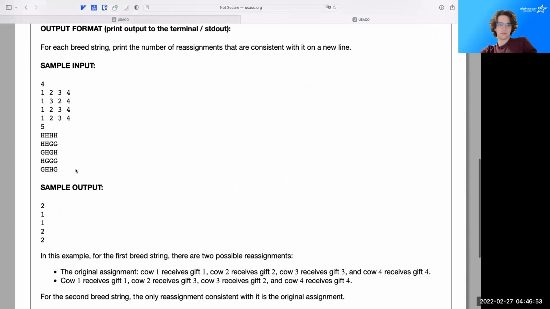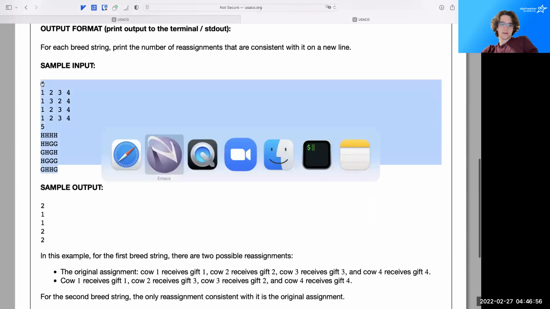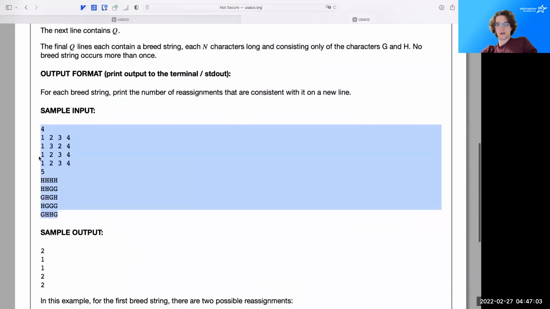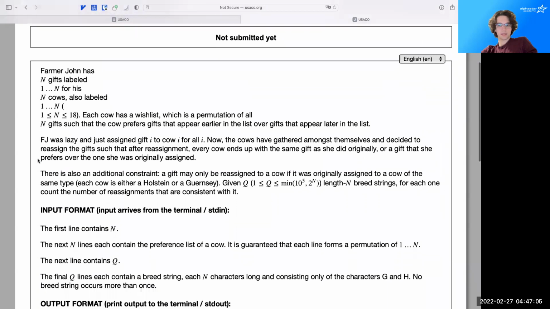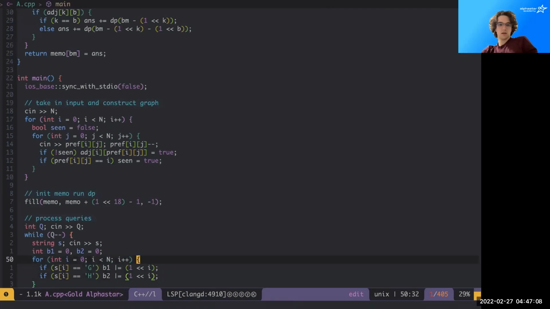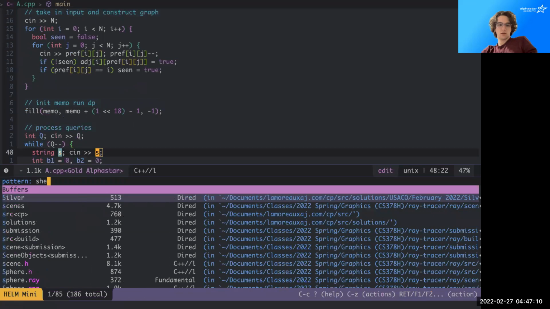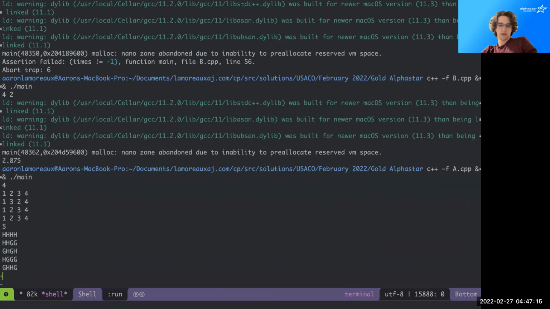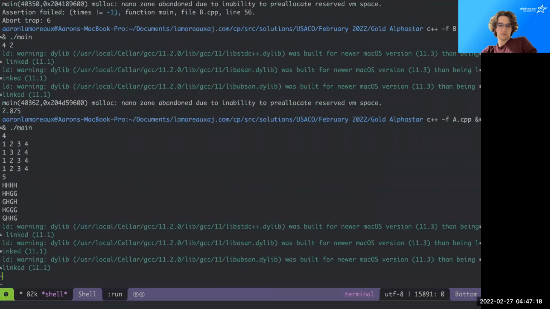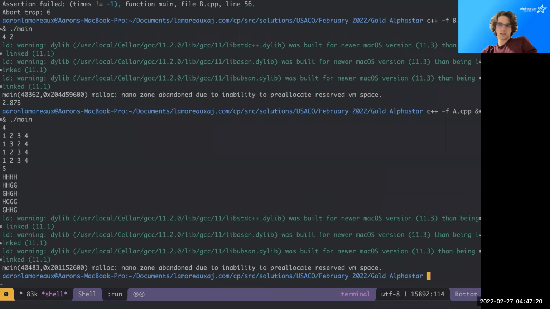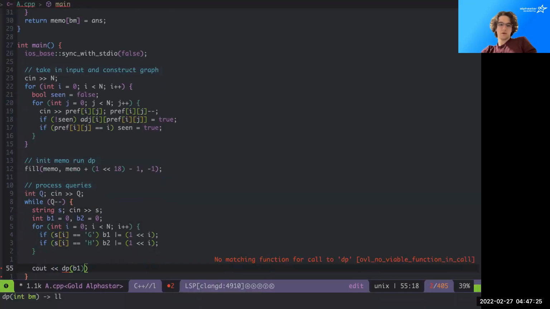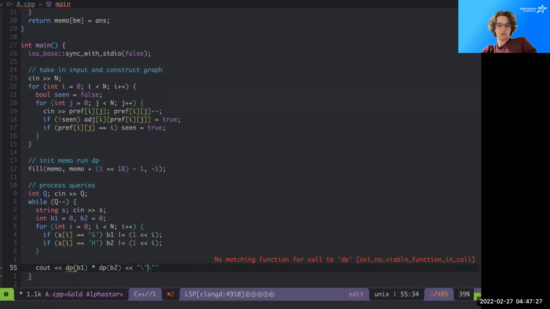I guess we'll just guess. I don't know which one is cow one or cow two. I don't think it's specified, but that doesn't even matter. Because I did not put it in, dp of d1 times dp of d2.